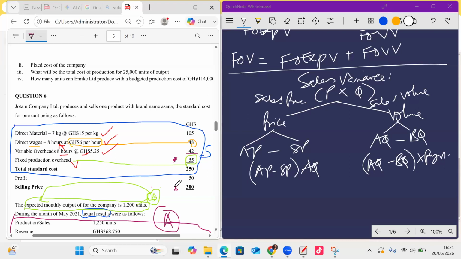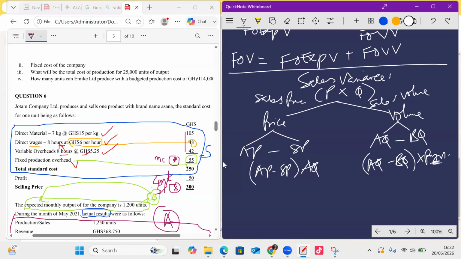Contribution. So if it's a contribution, the question will say actual volume minus budgeted volume times contribution margin, not profits.